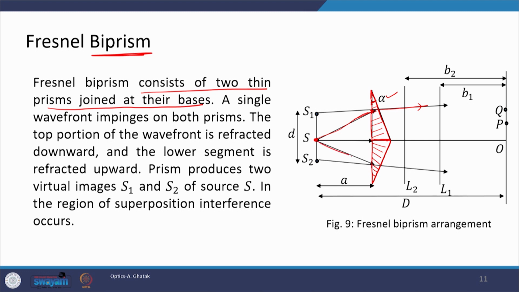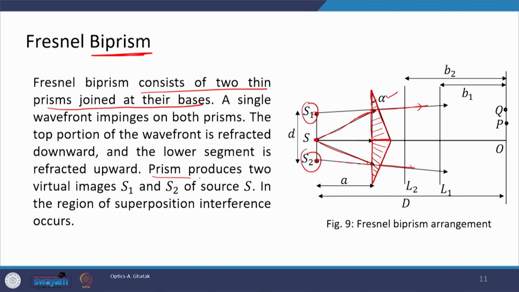Similarly, the ray which is going here will bend in this direction. If you trace this back, you will see that there are two virtual sources formed in the source plane on the source side, and these virtual sources are called S1 and S2, which are separated by a distance d.